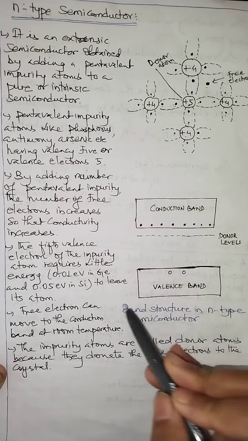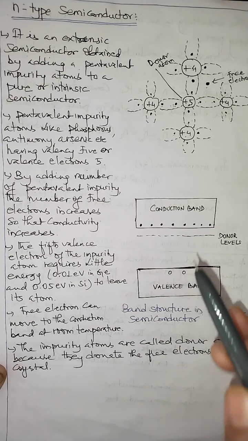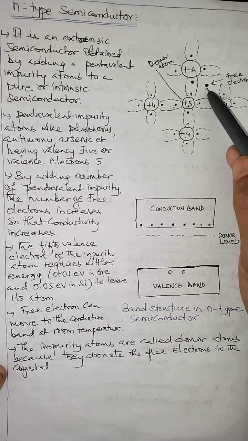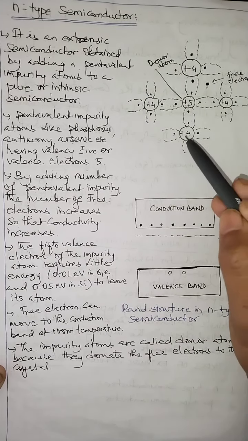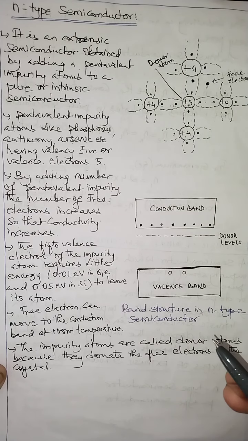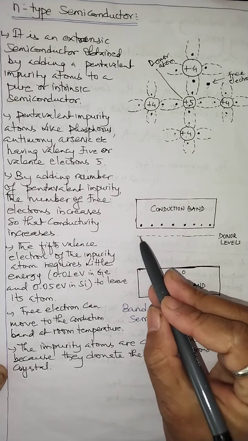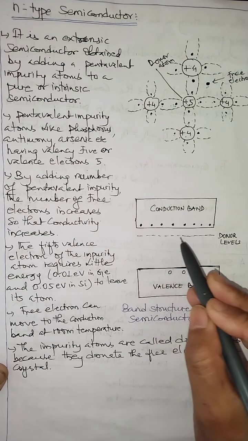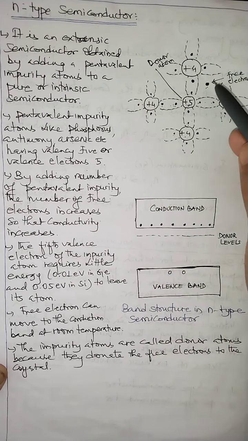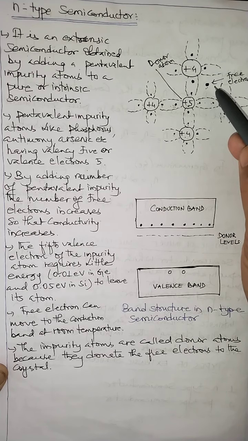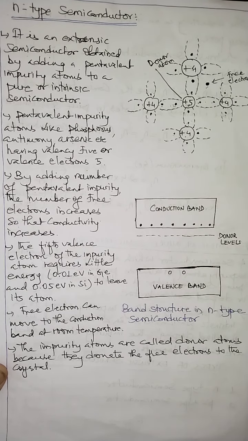So this is the valence band, this is the conduction band. That's why you can see there is a dotted line which I have drawn. This dotted line is the energy level acquired by the fifth valence electrons of the impurity atoms.